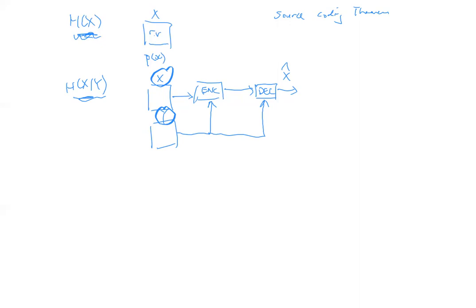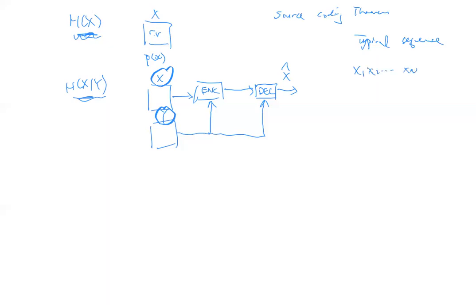For the forward proof, as I mentioned, we use the concept we introduced last time, the typical sequence. The sequence will be samples of these random variables, say x1, x2, up to xn.